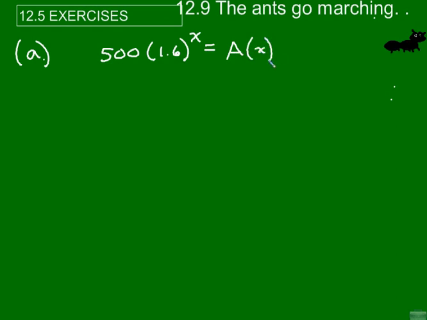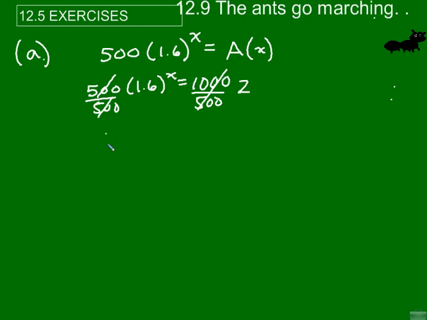Okay, well, how long is it going to take to double? Well, if I put 500 times 1.6 to the X equals 1,000. Now, here's a little shortcut. Because those cancel and this turns into a 2, the doubling time is just setting the equation equal to 2, because the A0 value over here is going to be 2 A0s, and if I divide by A0, the A0s cancel and I just end up with a 2.